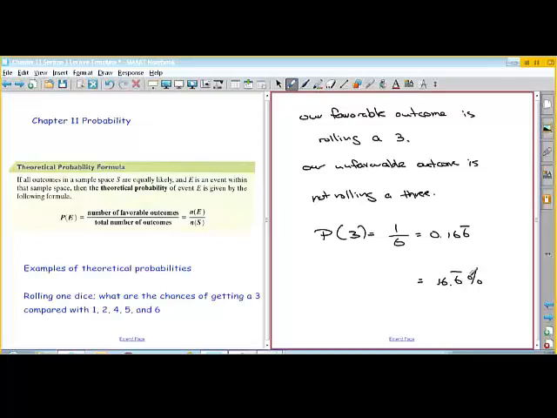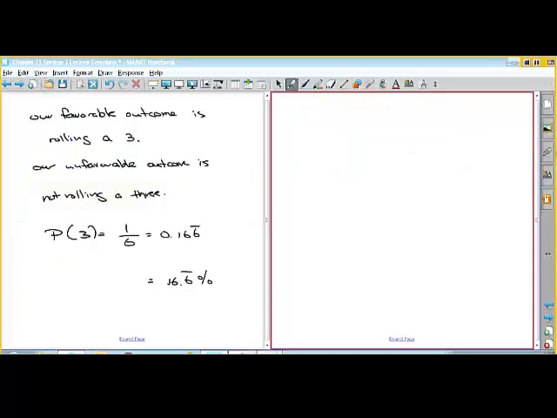And it's the same with all the other numbers. It's 0.166 for each number. But if I ask the question, what is the probability of rolling a 1 or 5, in this case there are 2 favorable outcomes.